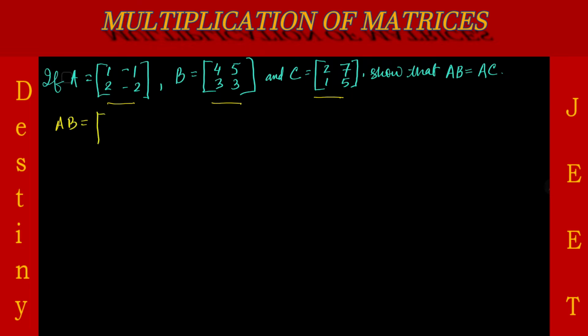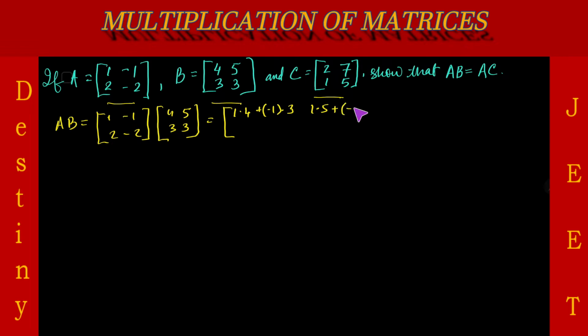AB is equal to 1, 2, minus 1, minus 2, times 4, 5, 3, 3, which is equal to 1 into 4 plus minus 1 into 3, 1 into 5 plus minus 1 into 3, 2 into 4 plus minus 2 into 3 and 2 into 5 plus minus 2 into 3.